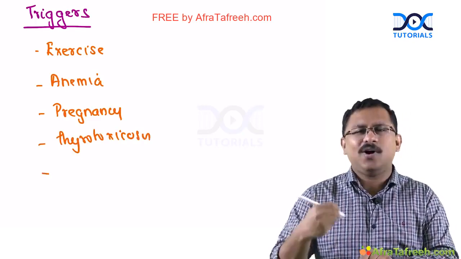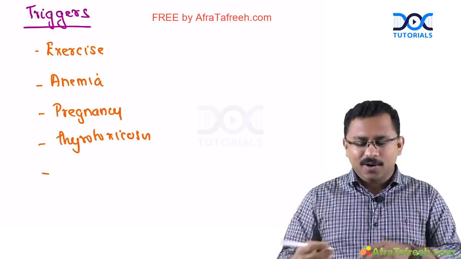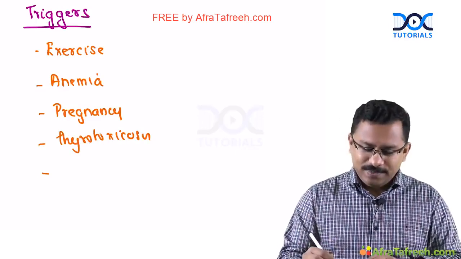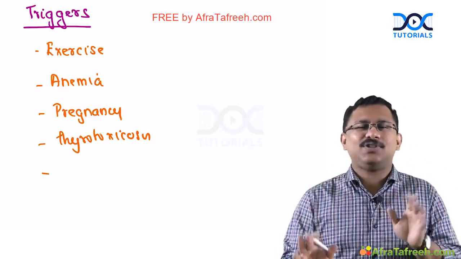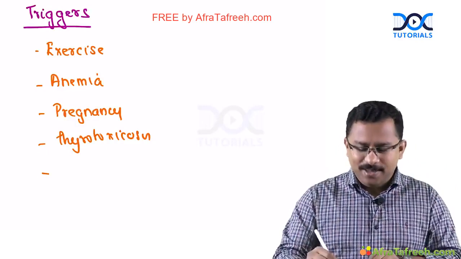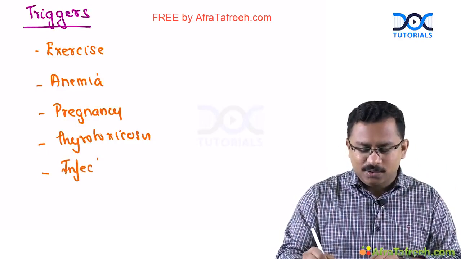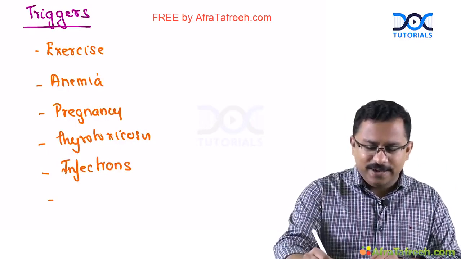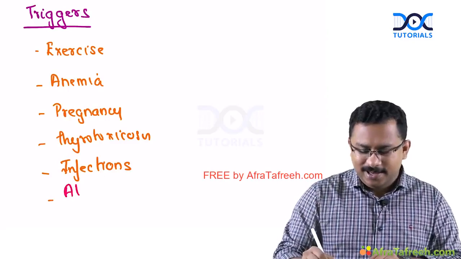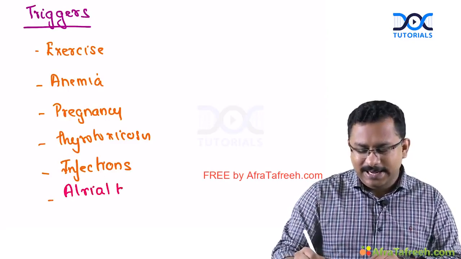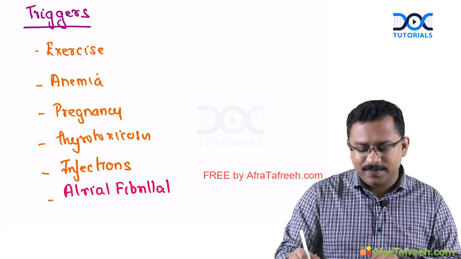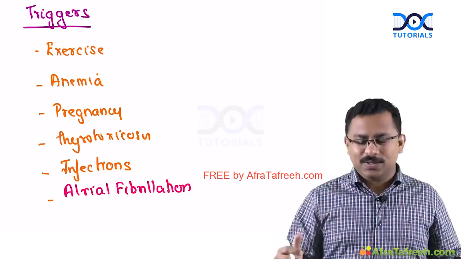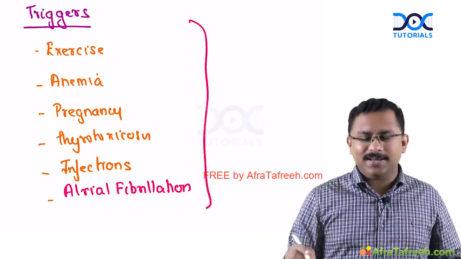Okay, all this can act as triggers for decompensation of mitral stenosis. Even if you get some infections, maybe some pneumonia, infections also can lead on to decompensation. And very, very importantly, I'm writing with a different ink, atrial fibrillation. Atrial fibrillation can also lead on to a decompensation in mitral stenosis. So these are all the triggers.